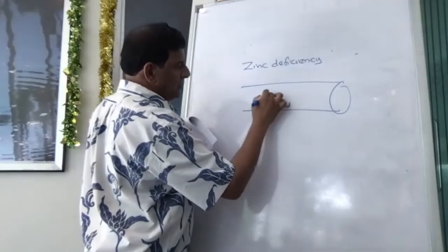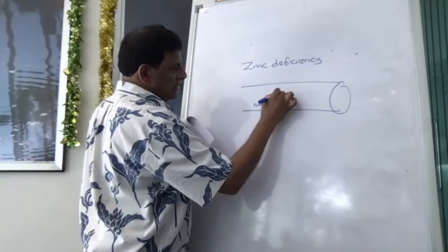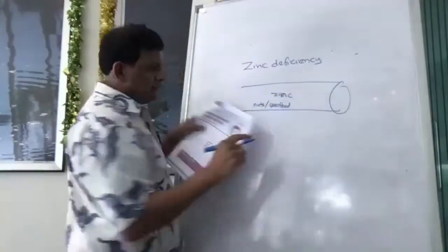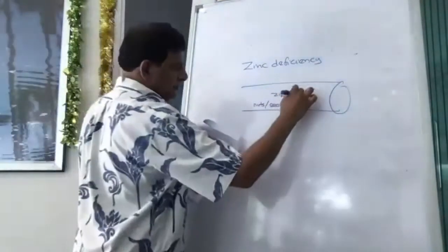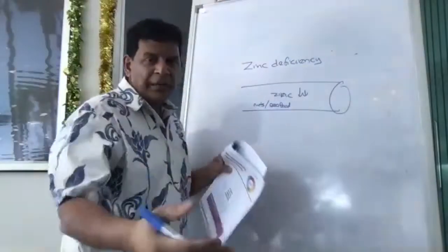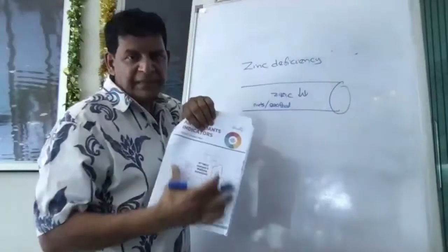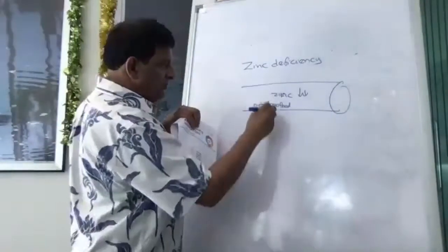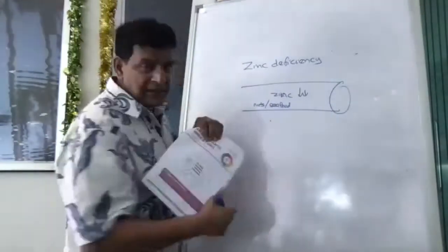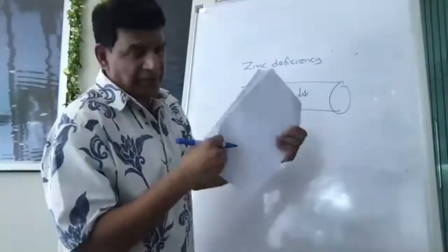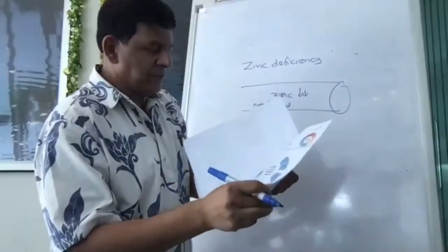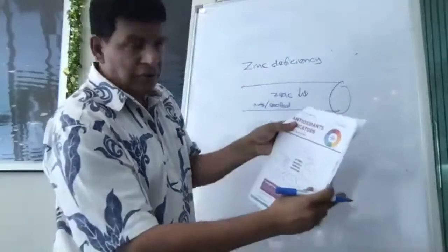And you're supposed to absorb zinc, and you find zinc deficiency here. So no matter how much zinc we take, it's not absorbed. This is about bioavailability. And sometimes you'll find zinc deficiency at the same time in your mineral page. You find zinc deficiency in your mineral page as well as your antioxidant.